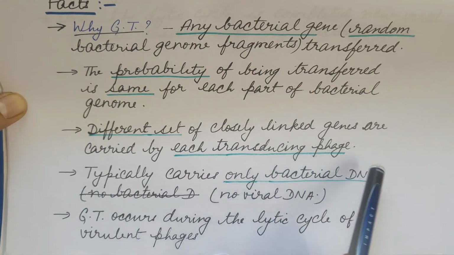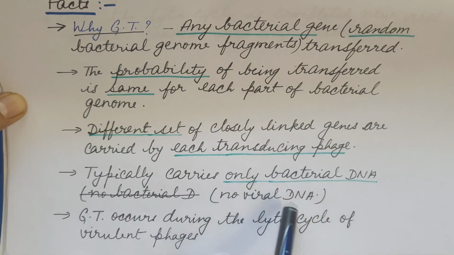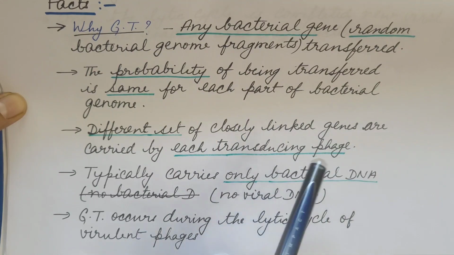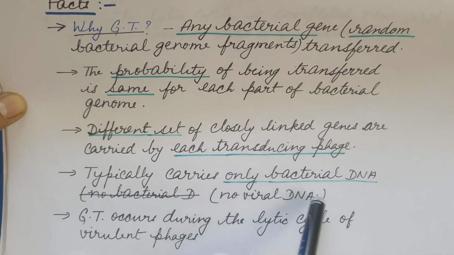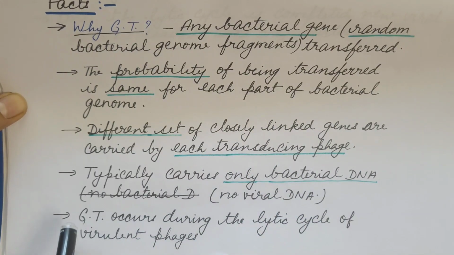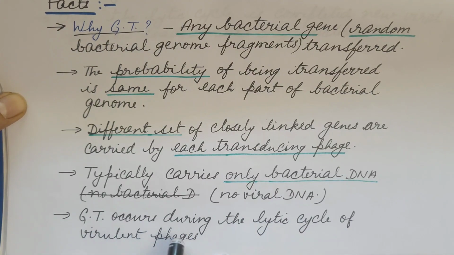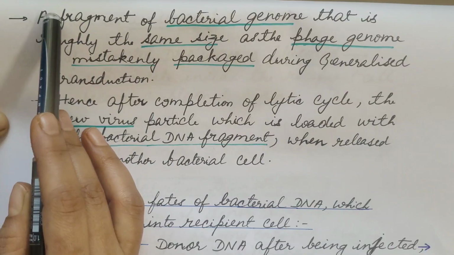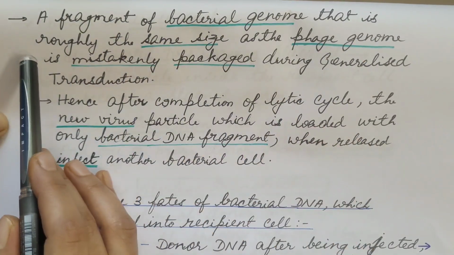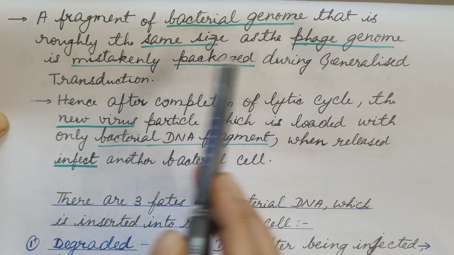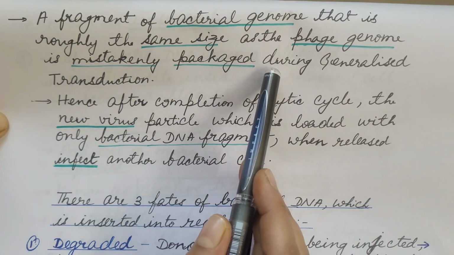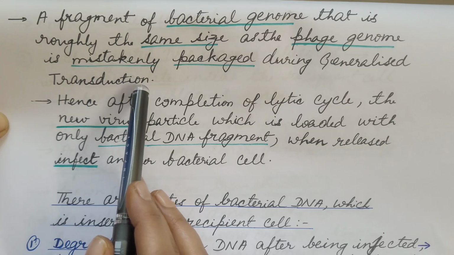Typically, this type of transducing phage carries only bacterial DNA but no viral DNA. Generalized transduction occurs during the lytic cycle of virulent phages. This we have already discussed. A fragment of bacterial genome that is roughly the same size as the phage genome is mistakenly packaged during generalized transduction.